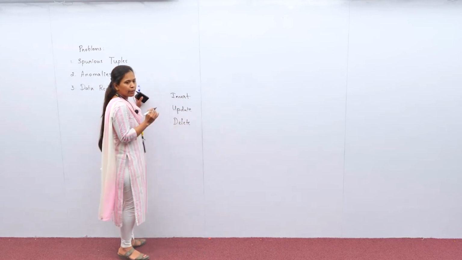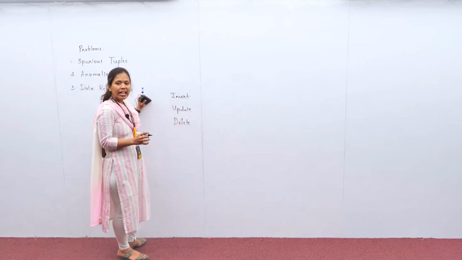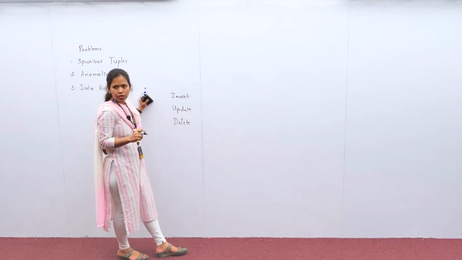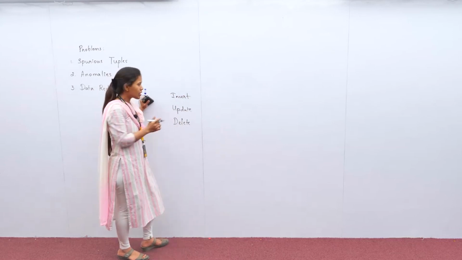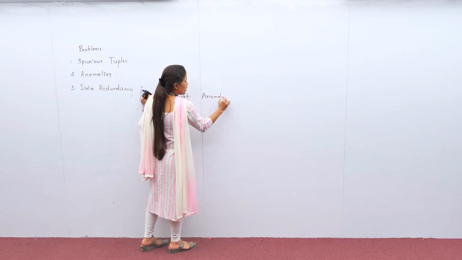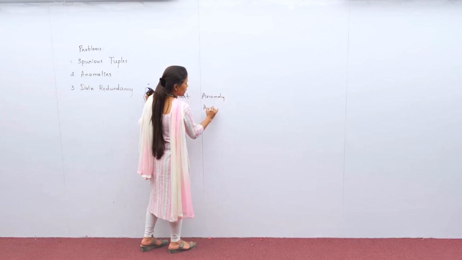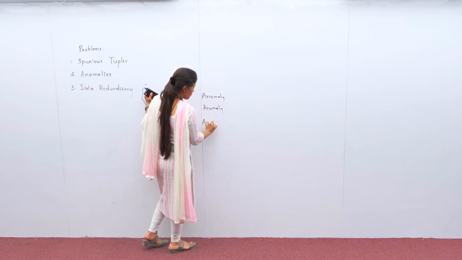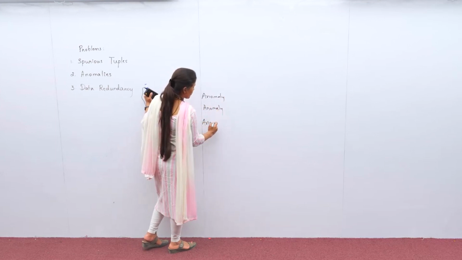If you are getting any problem, that is what you technically call anomalies. So anomalies are nothing but problems that come up in the table. There are three different types of anomalies: insertion anomaly, updation anomaly, and deletion anomaly.